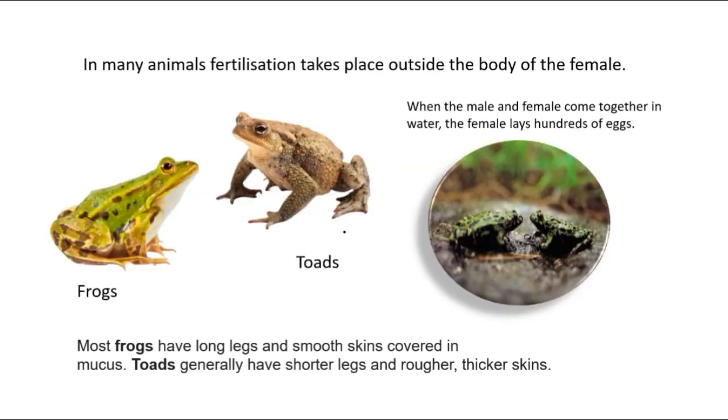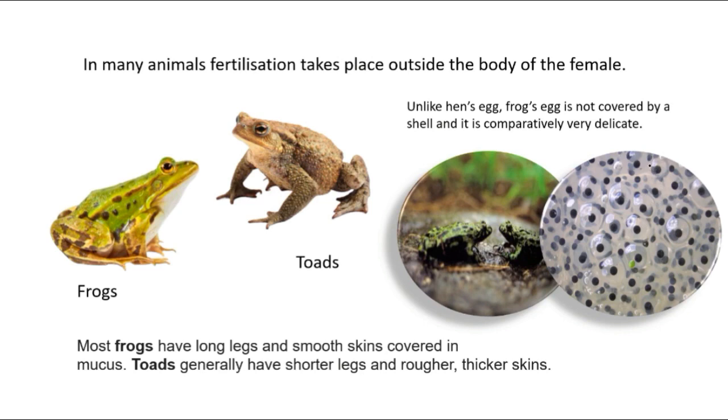And the female will lay hundreds of eggs inside the water. And these eggs are very delicate. They are covered with a kind of jelly, and that jelly, that thick liquid, will protect these eggs. So this is an egg of a frog.